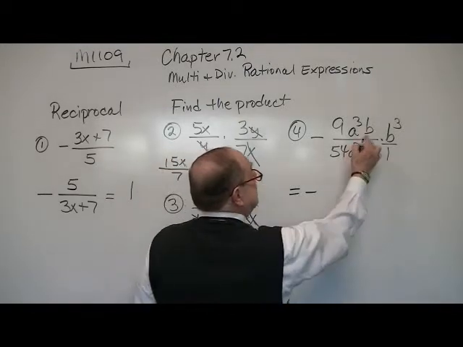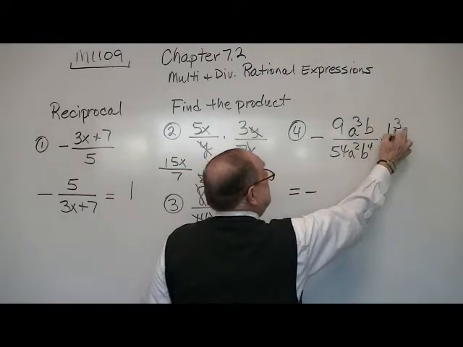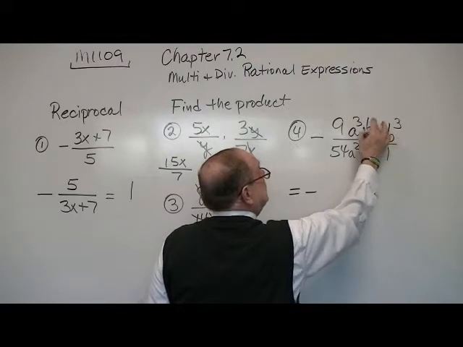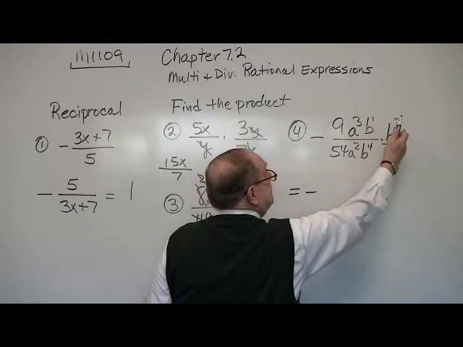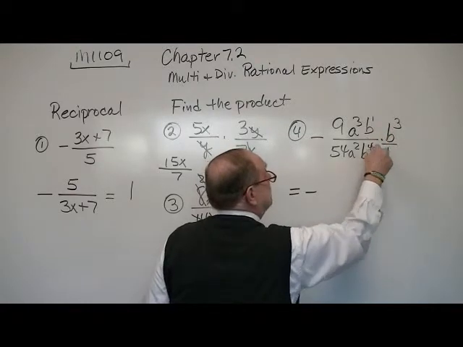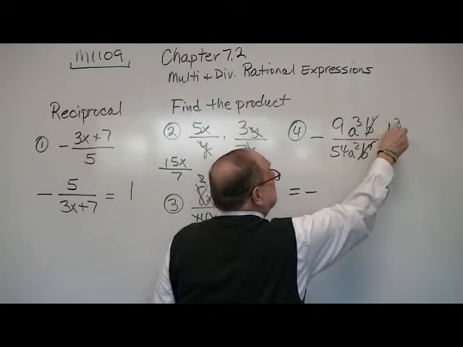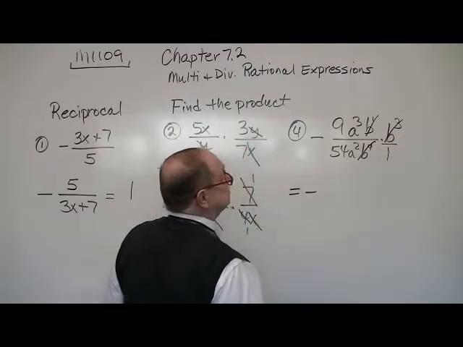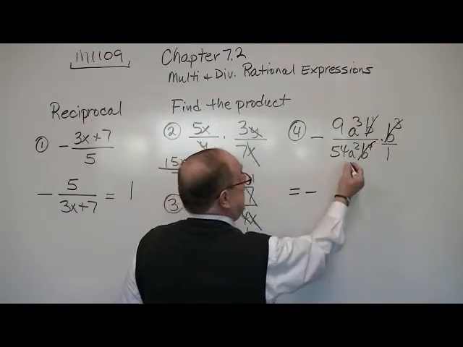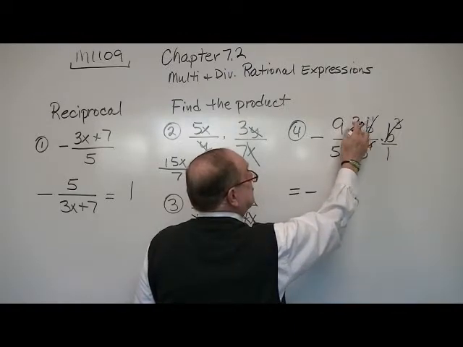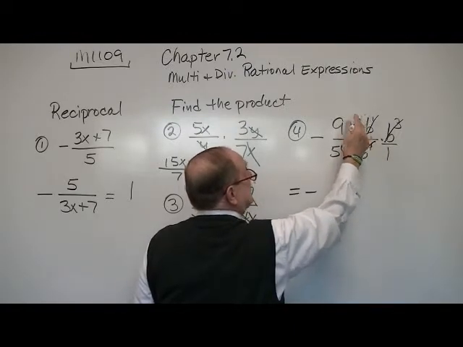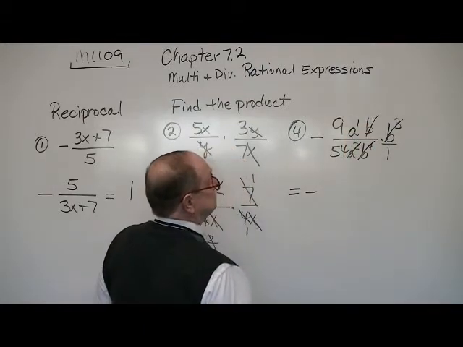Now notice this is going to be b times b to the third, which will be b to the fourth. There's a 1 there, so 1 plus 3 is 4. And this b to the fourth, these are going to cancel out. And then we have a to the second will cancel out, and that'll just leave a to the first there.